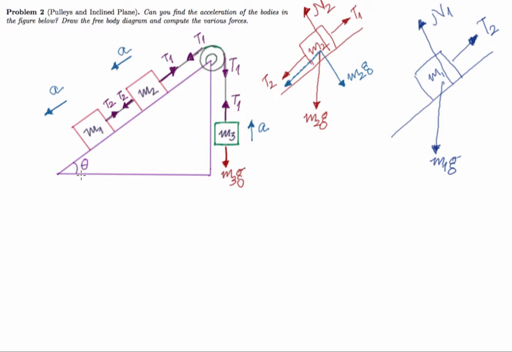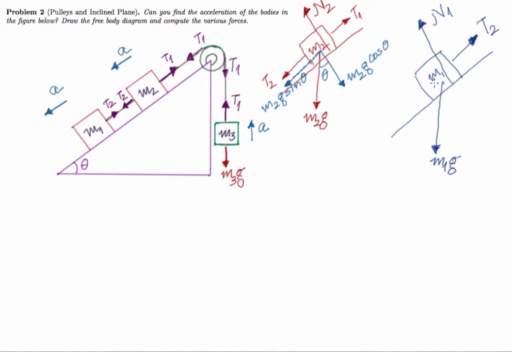If this is the angle theta, then this is also theta, so the perpendicular component is M2g cos theta, and the parallel component is M2g sin theta.